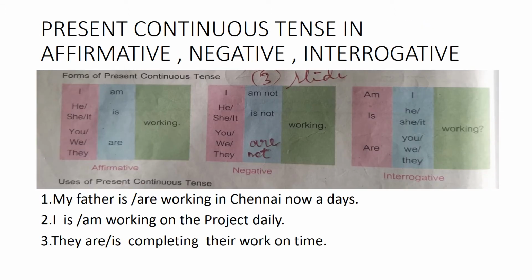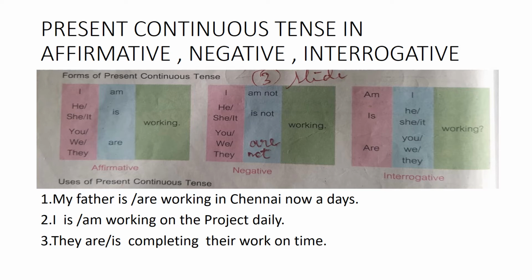From the above slide, we can learn about present continuous tense in the affirmative, negative and interrogative. The table can help us to frame correct sentences. Present continuous tense is used to express an action that is occurring at the present moment.